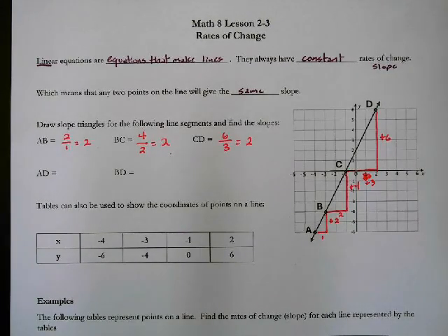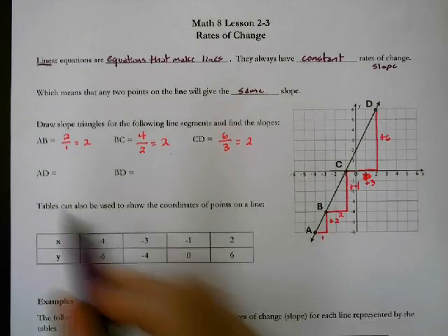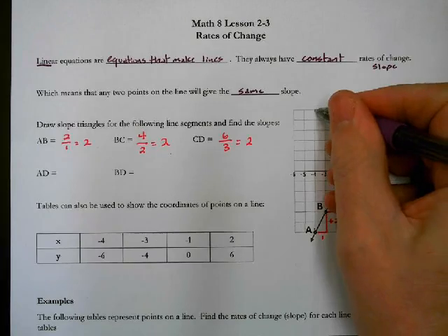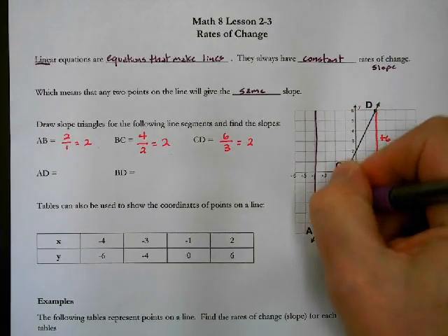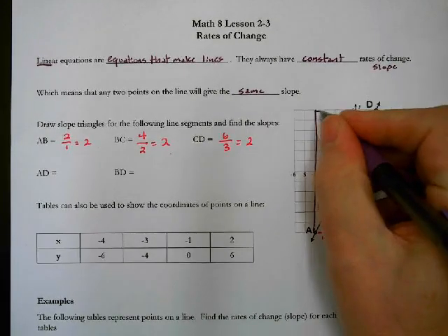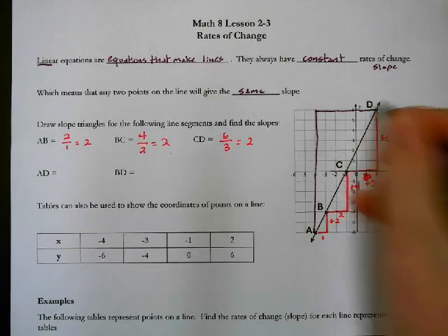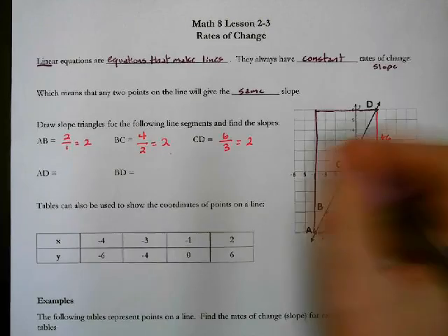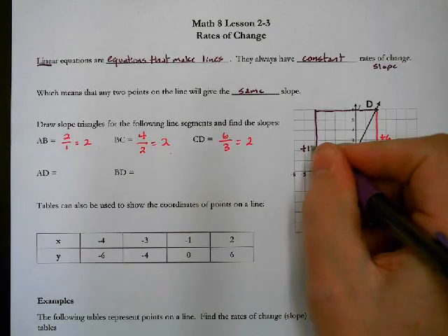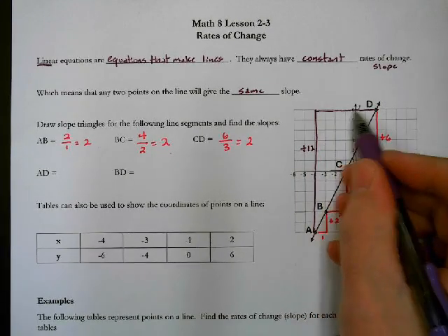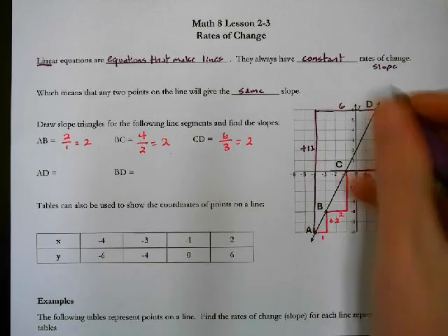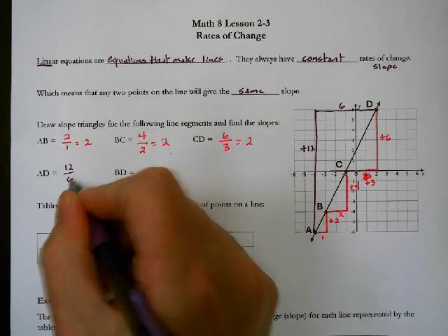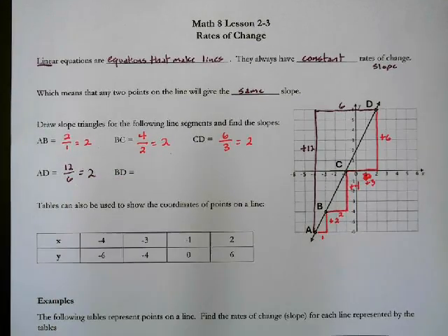If you still don't believe me that they have a constant rate of change, let's keep going. A to D. That's from here all the way up to here. Let's check it out. 1, 2, 3, 4, 5, 6, 7, 8, 9, 10, 11, 12. It's going up 12, over 6. Change in y is 12, change in x is 6. Still reducing to 2.